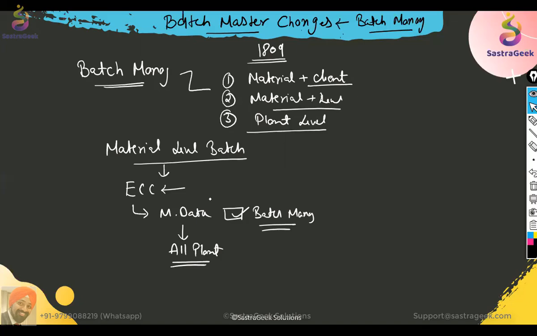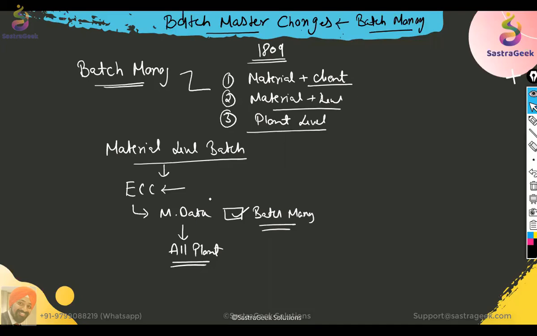So that is a big drawback, and this is also an open question to SAP to answer. I need to maintain my batch at a material level, but I don't want to maintain that material as a batch management at all of the places. In my manufacturing plant, I want batch management. In my distribution centers, I don't want it.